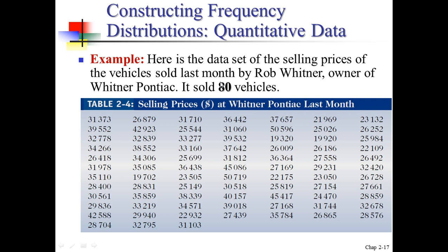Now you need to find capital H. There's only one of the selling prices here that is the most expensive car. And there's only one of the 80 selling prices here that is the cheapest car sold last month.